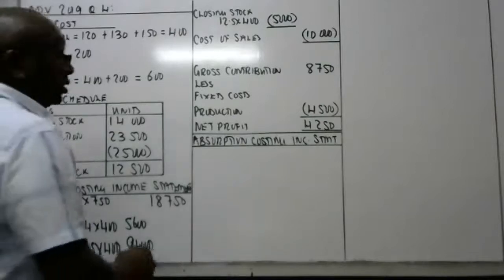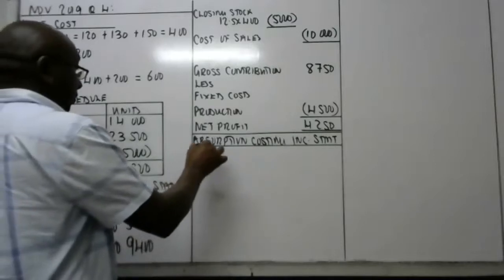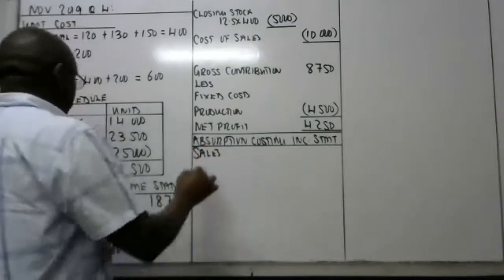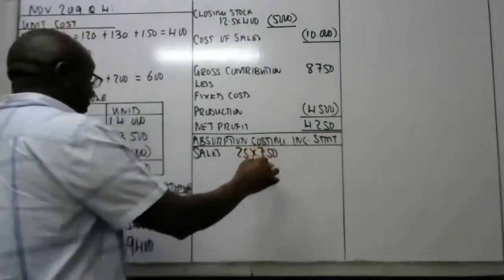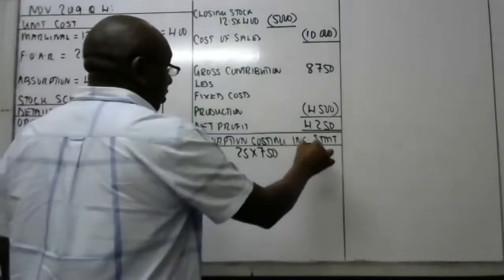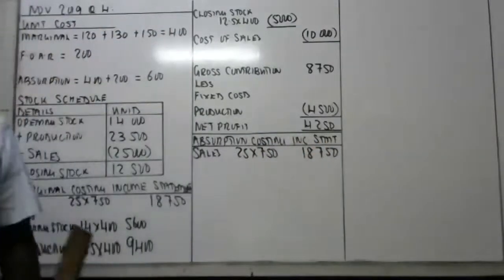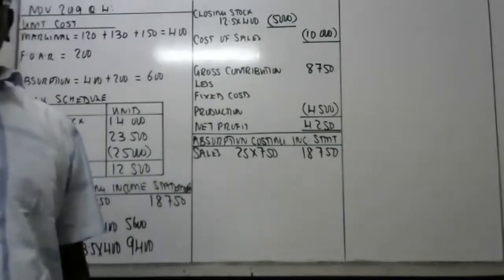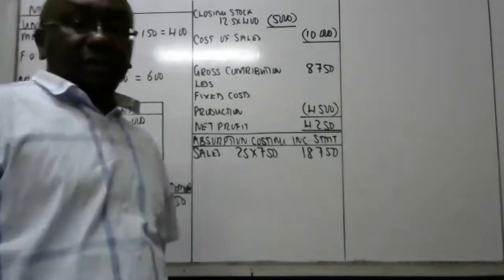So the absorption costing income statement, again, we begin with sales. And sales will be 25 times 750. This one remains 18,750. That one does not change.